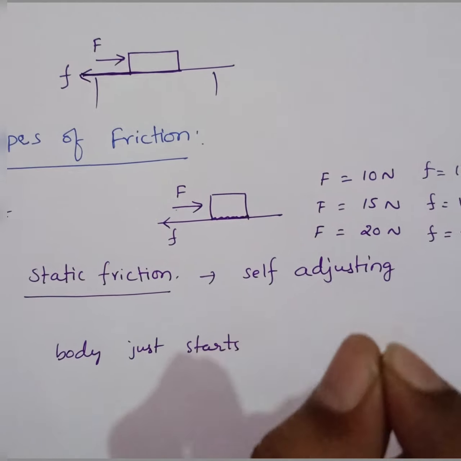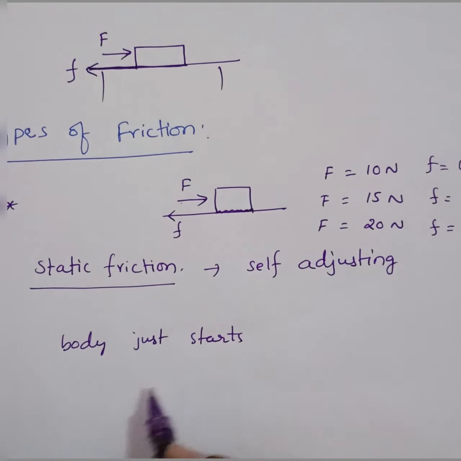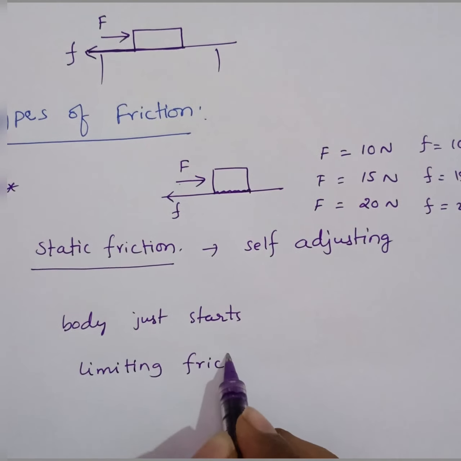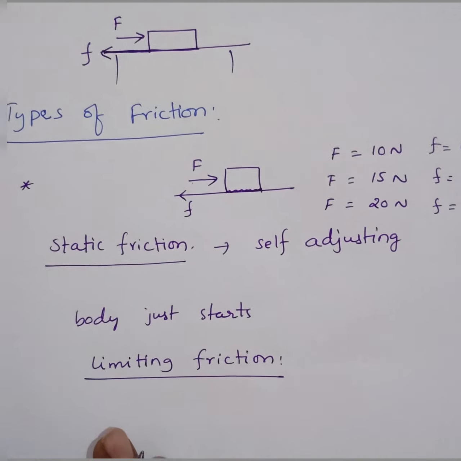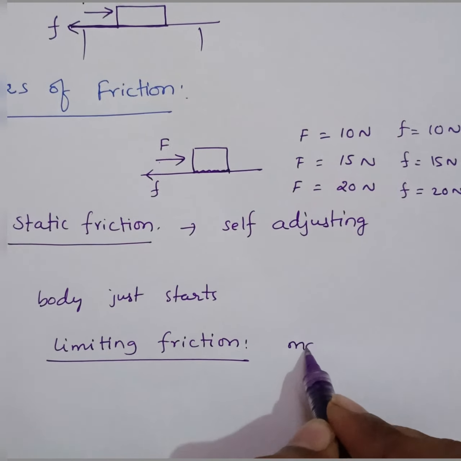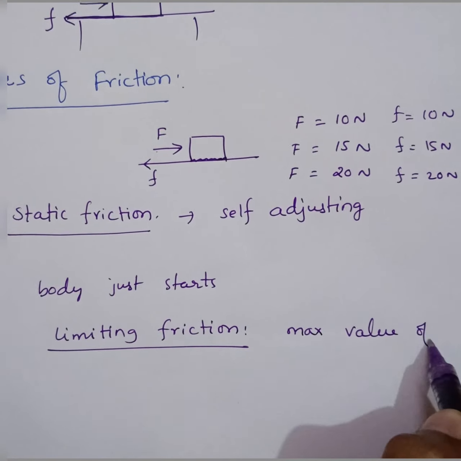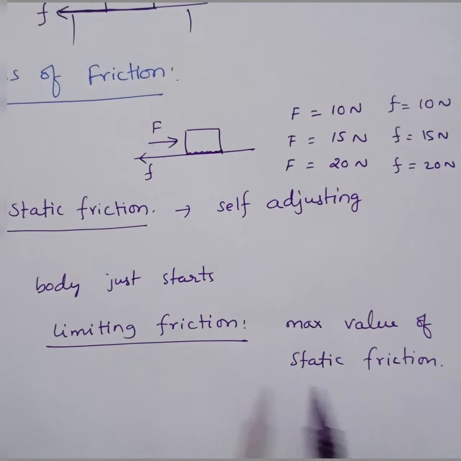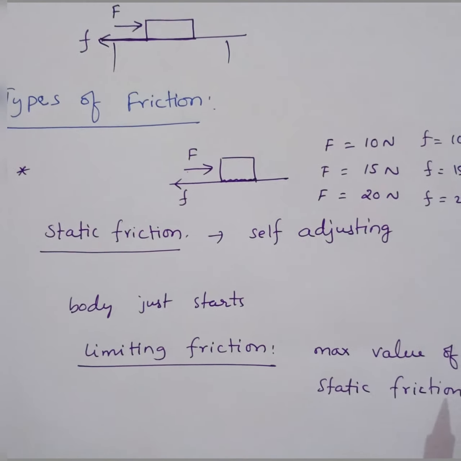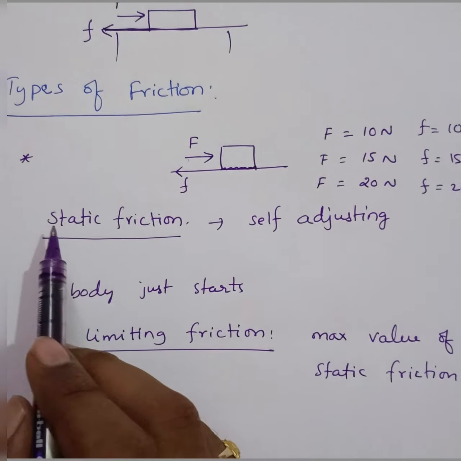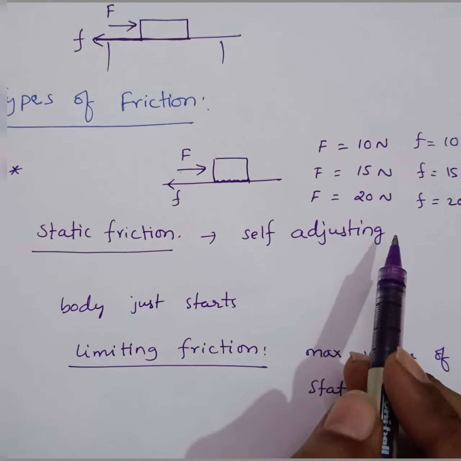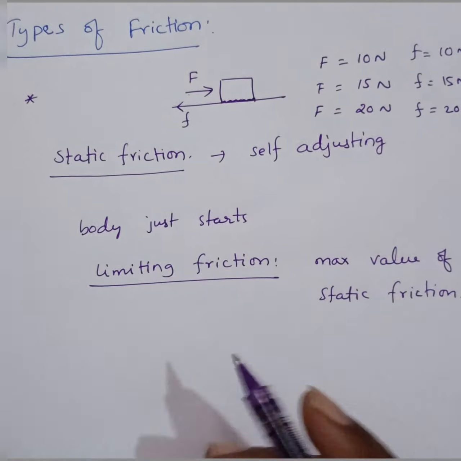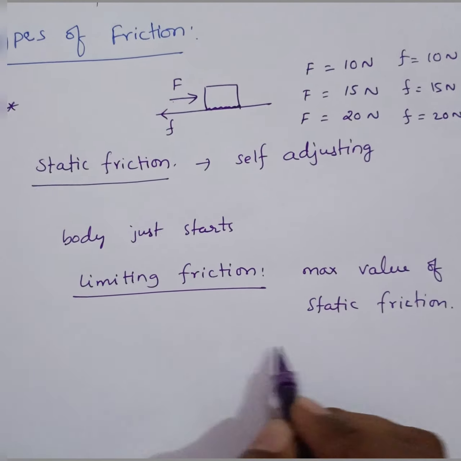At that situation, friction is limiting friction. Limiting friction is the maximum value of static friction. Maximum value of static friction means when static friction is overcome by our force and the body starts moving, that situation is limiting friction.